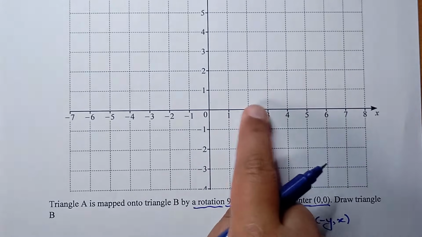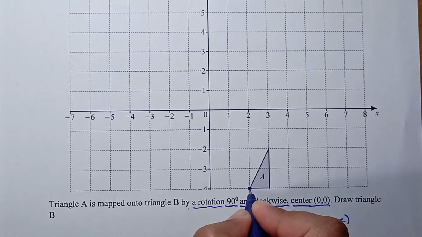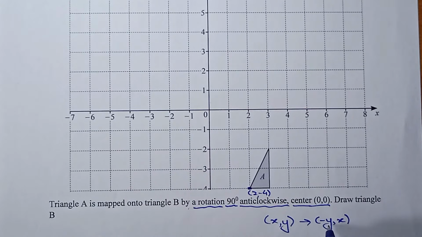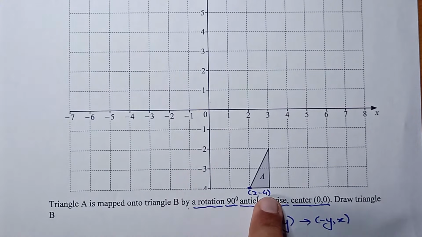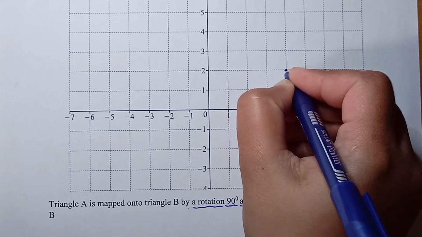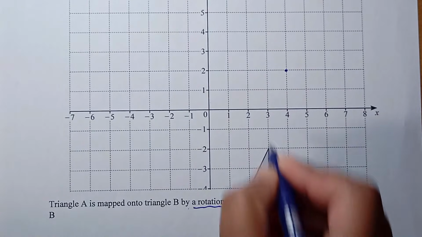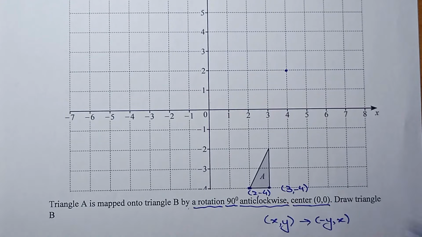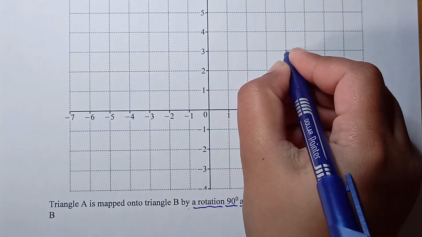Okay, so this is the first point, (2, -4). (2, -4) changes to what point? (-y, x). So y is going to be changed with a negative sign, so it would be positive 4 and 2. So we have (4, 2). For this point we have (3, -4), which changes to (-y, x): (4, 3).